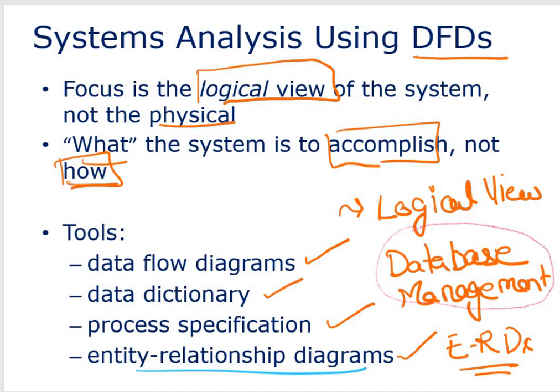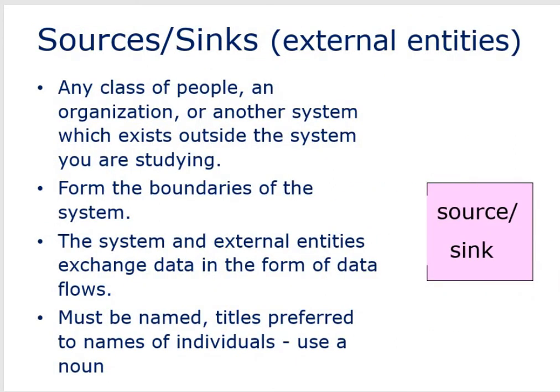So let's talk about the various constituents of this data flow diagram. To start with, we have sources and sinks. These sources and sinks can be your external entities, or if you are simply calling it an entity, I'm okay with that.